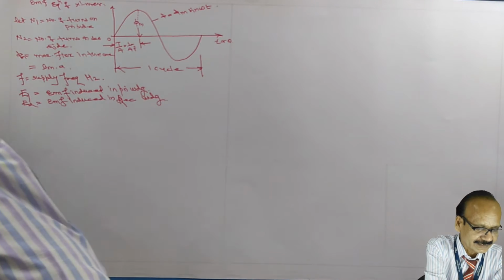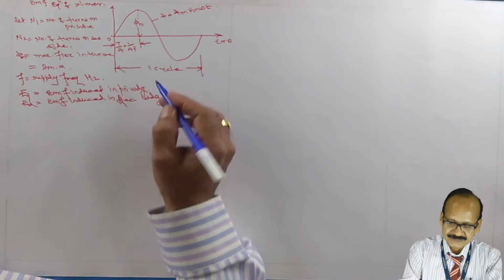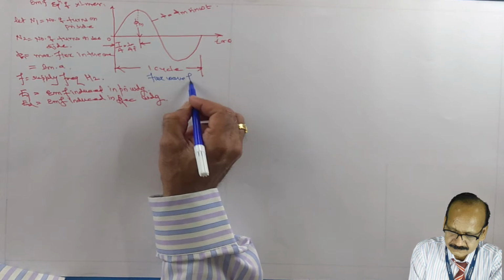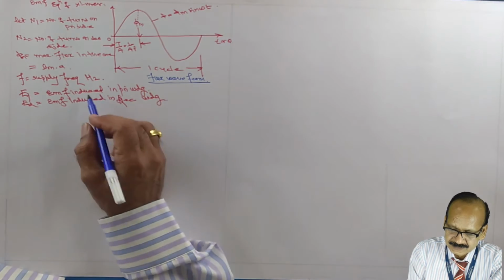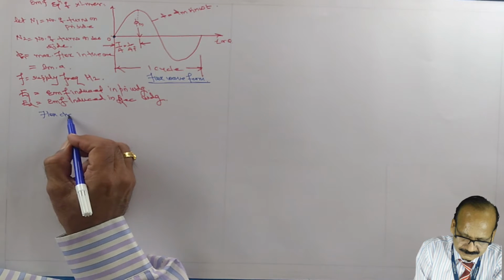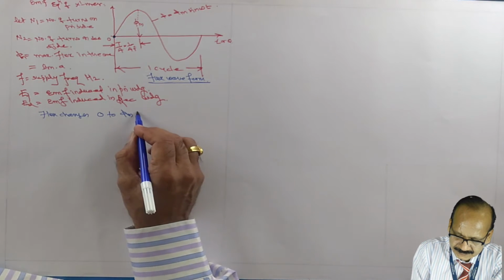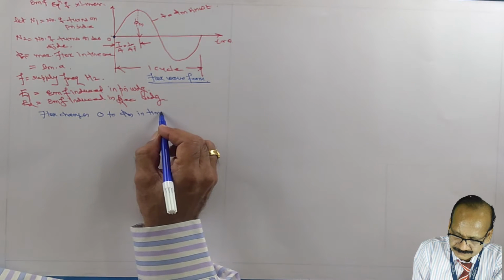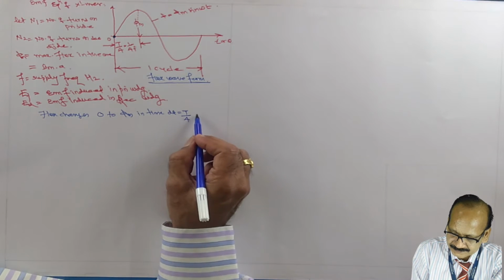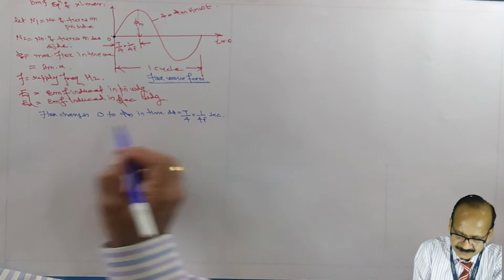Now, as stated earlier, here it is assumed that flux in the core varies sinusoidally. So, as shown in the figure, this is flux waveform. Okay, so the flux changes from 0 to maximum value in time dt equal to T by 4, that is quarter cycle, and T is periodic time, T is nothing but 1 upon f, that is it is 1 upon 4f second.